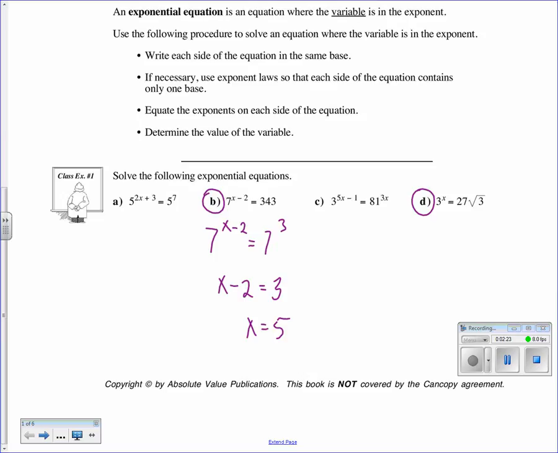Now we can combine exponents with radical signs, so that makes things interesting. The next example, letter D, has a 27 and a root 3, and I'm going to try to convert everything to powers of 3.